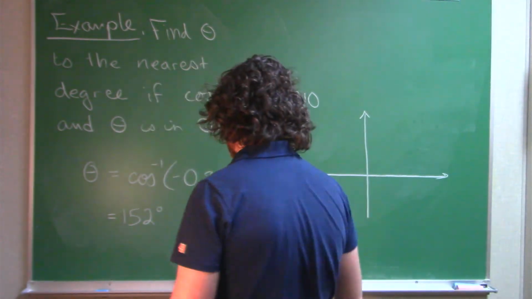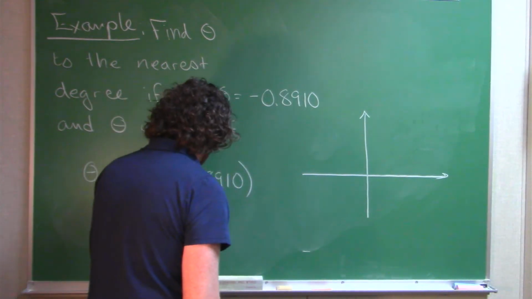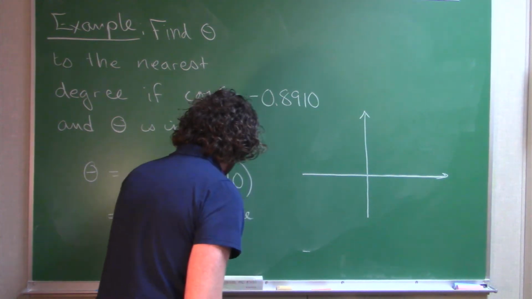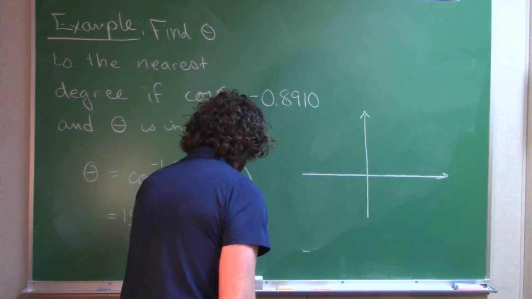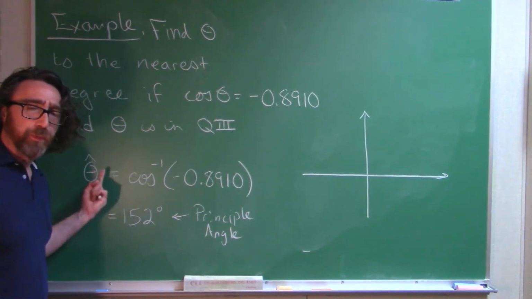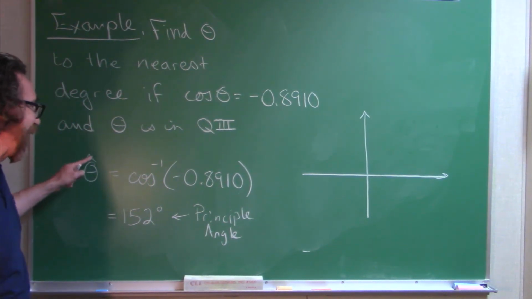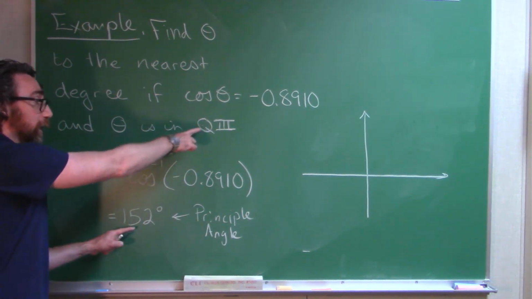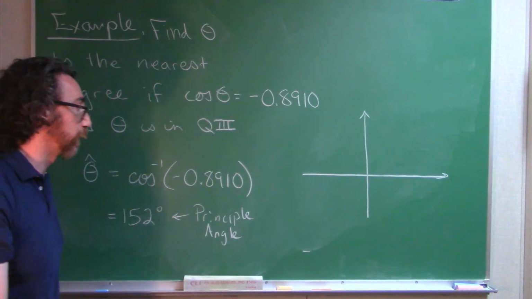Now, the principal angle is 152 degrees. A lot of books call this theta hat, letting us know it's not really the answer we need, because this is not a Q3 angle, this is a Q2 angle.